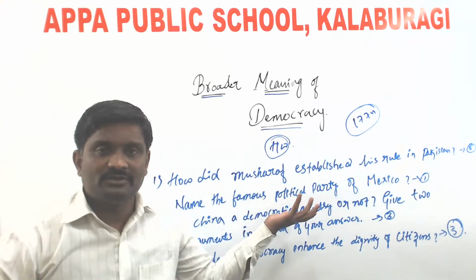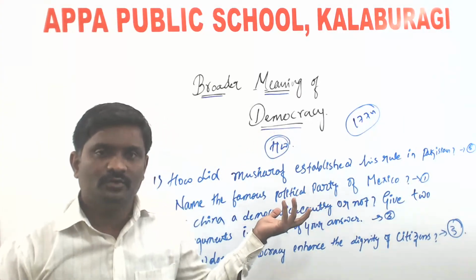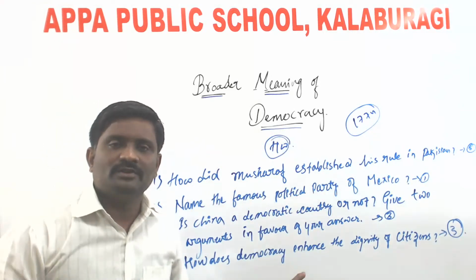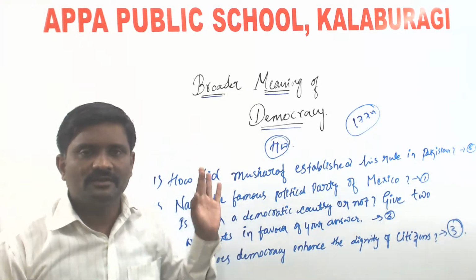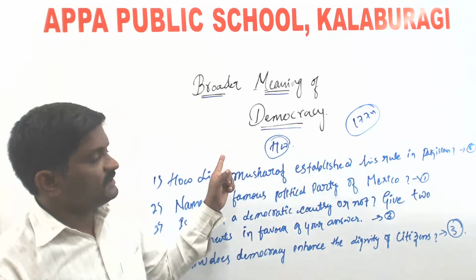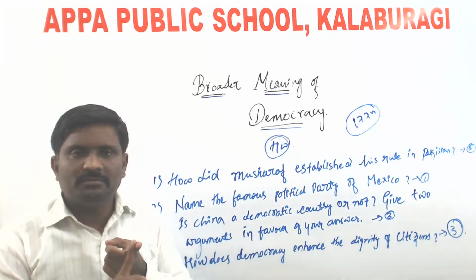On 14th July 1789, the city of Paris was in a state of alarm. That is the French Revolution. Describe the event of 14th July 1789. This is the most important chapter of the civics part. First question we may ask: what do you mean by democracy?